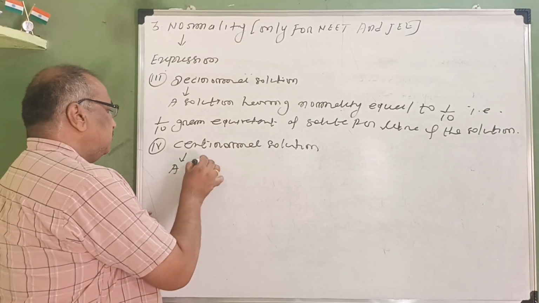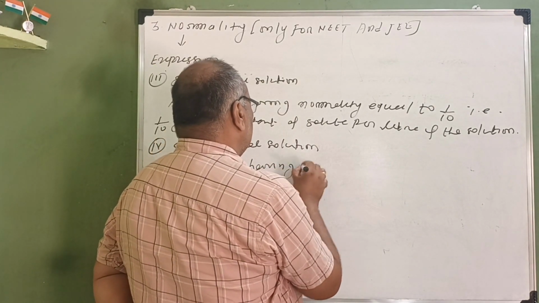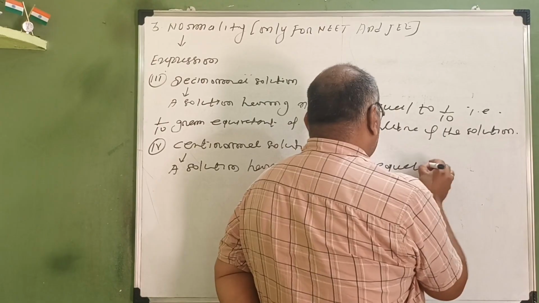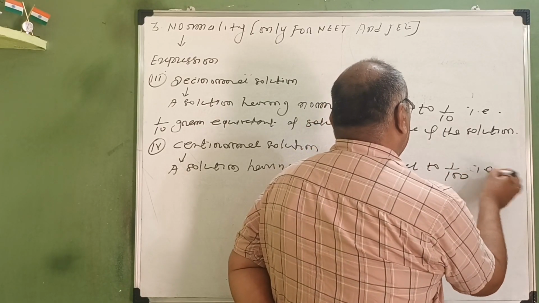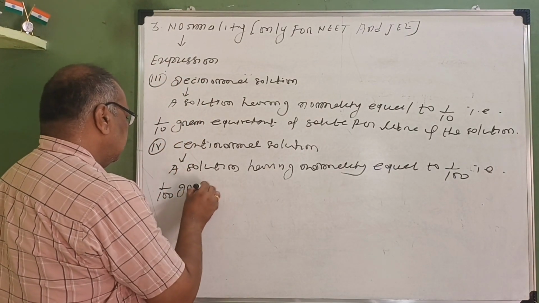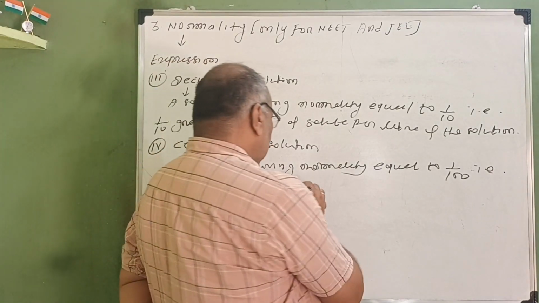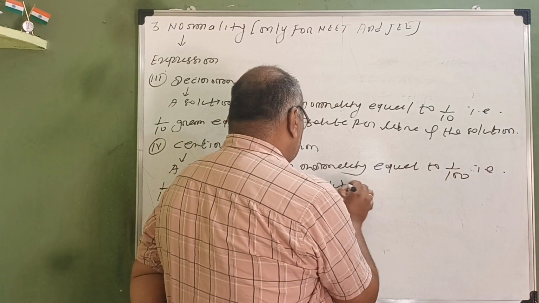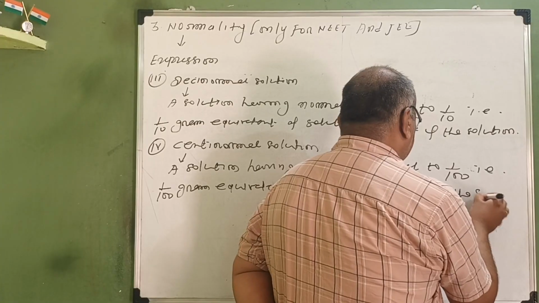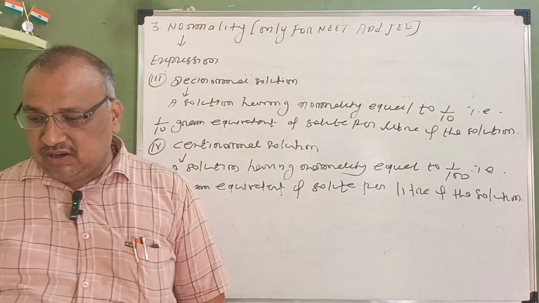A solution having normality equal to 1/100, that is 1/100 gram equivalent of solute per liter of the solution. 1/100 means 0.01.